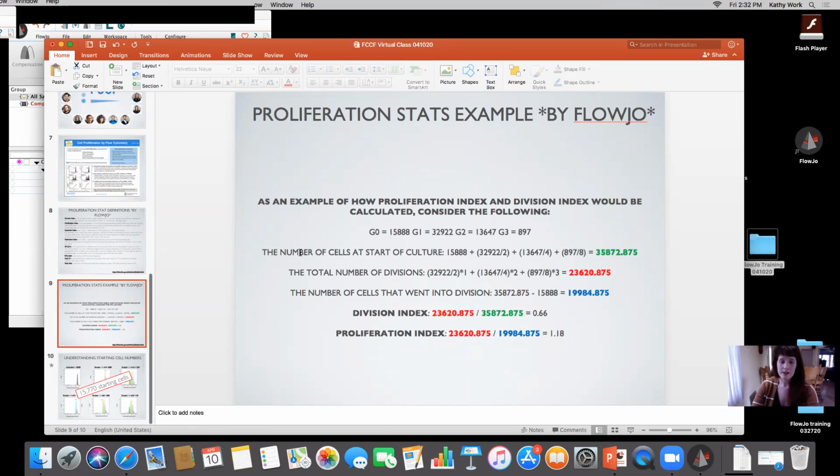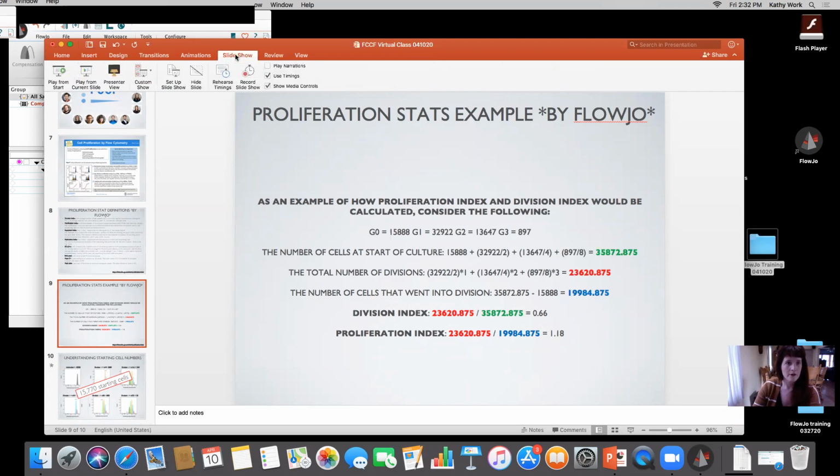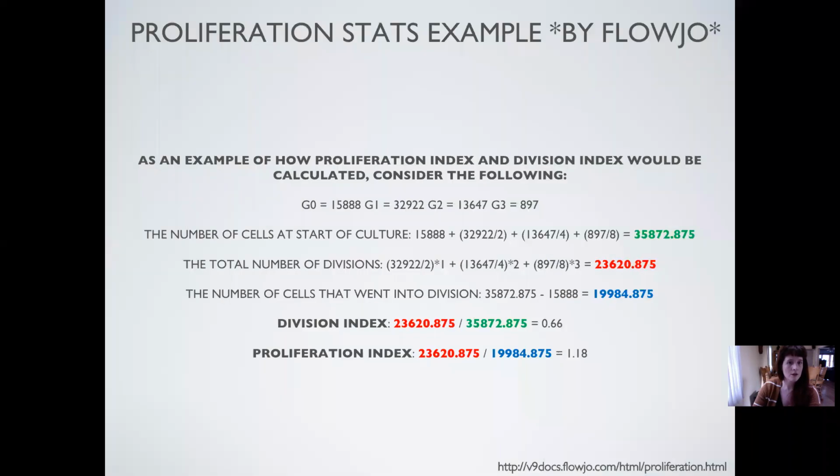Okay, so it's telling us here, I can actually go ahead and do the slideshow now. You have 15,888 at G0, undivided, generation 1, 2, and 3, so on and so forth. How you understand the number of cells at the start of the culture is you take the undivided as is, right?